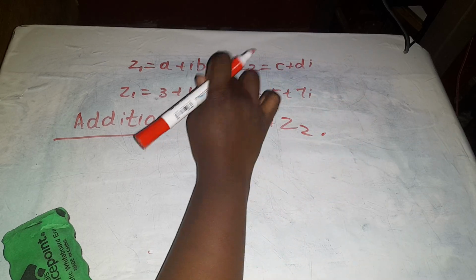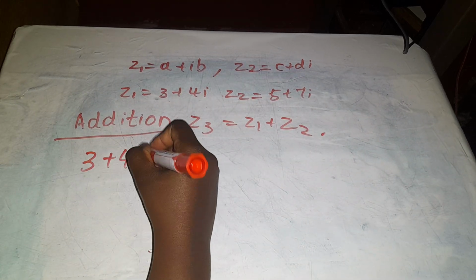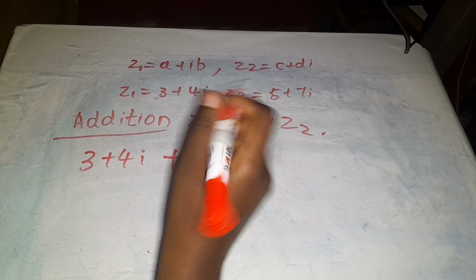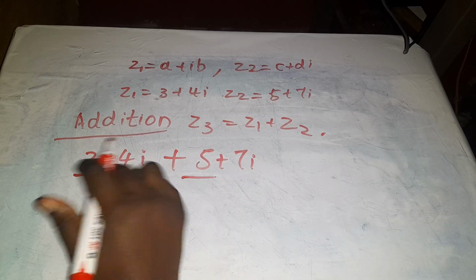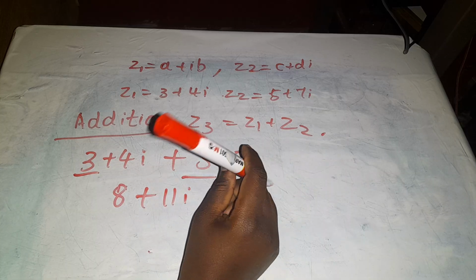So you're going to say 3 plus 4i plus 5 plus 7i. You group the like terms together, so this will be 8 plus 11i, and that will be the answer.